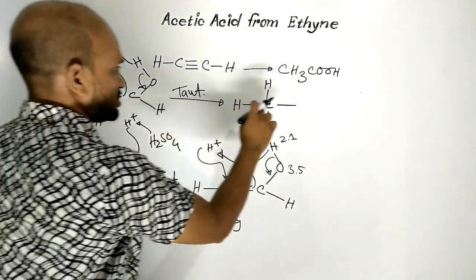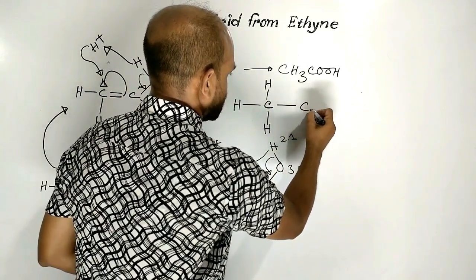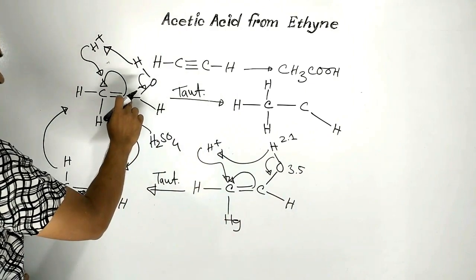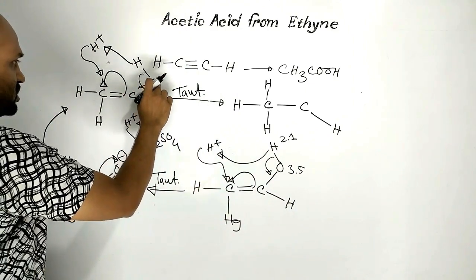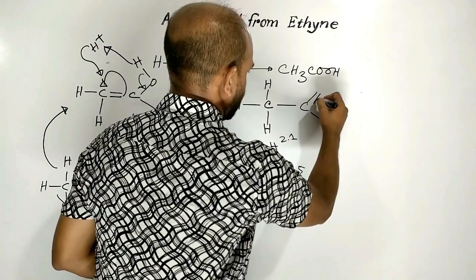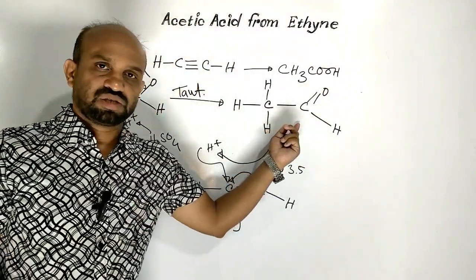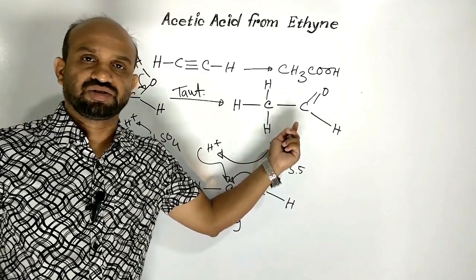Carbon-carbon double bond turns into carbon-carbon single bond. Now with this carbon, carbon oxygen double bond. Through this mechanism, acetaldehyde is obtained.